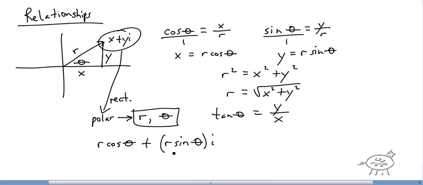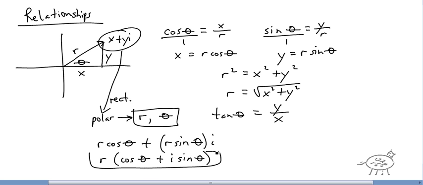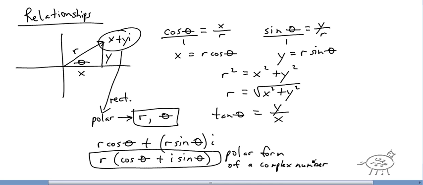Alright, and then if I factor out an r, I get r (cosine of theta plus i sine of theta). And that, math fans, is polar form of a complex number. Very important. I'm going to put a little star next to it because it's so important.